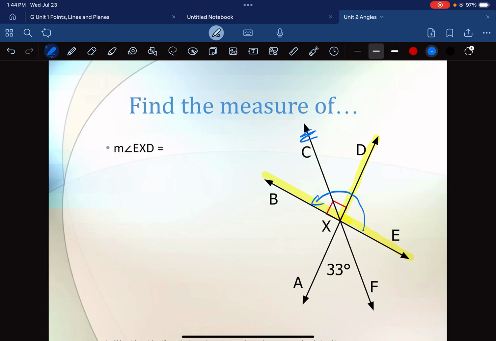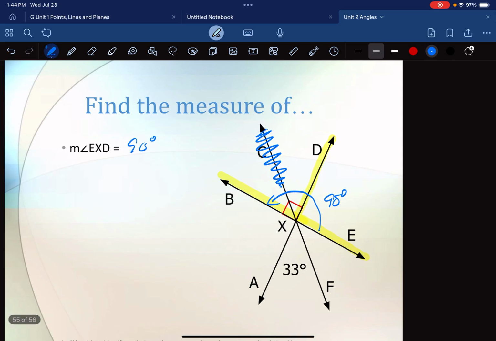So ignore this ray, and what you see is EXD and DXB must both be right angles. If this one's 90, this one over here must be 90. So that's 90 degrees.